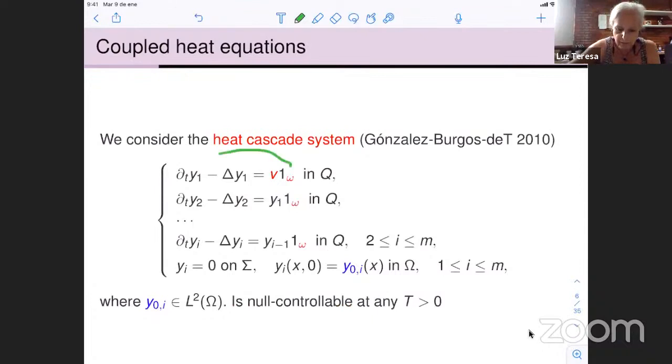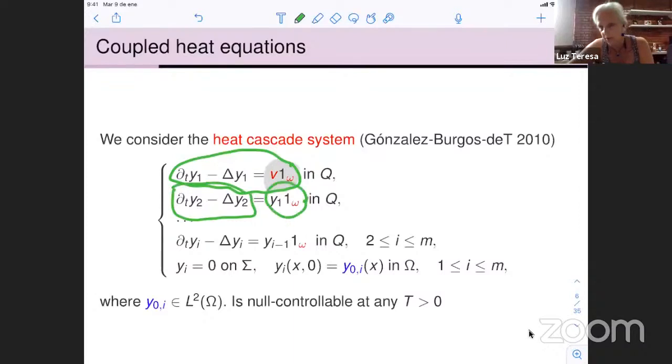So you have the first heat equation, and here you are acting with your V control, and then you don't have any other control, but you have the second equation coupled with the first equation, and then you continue like that.